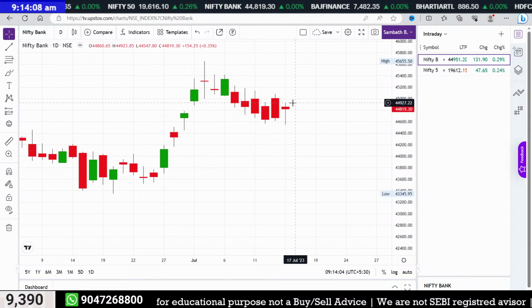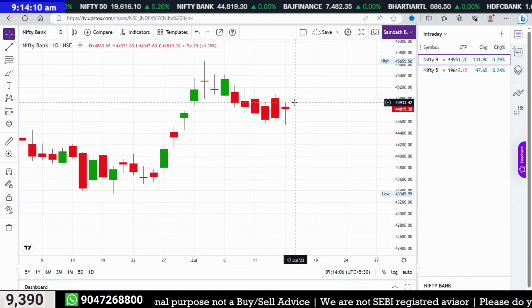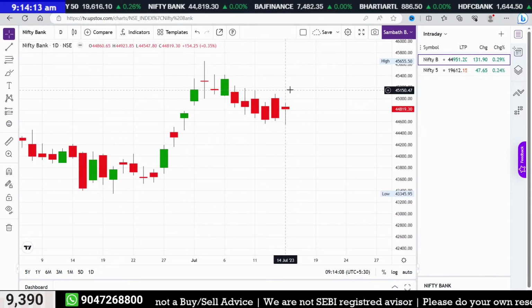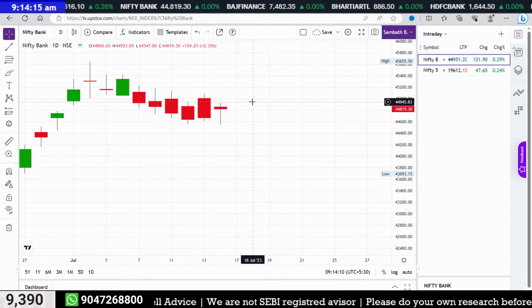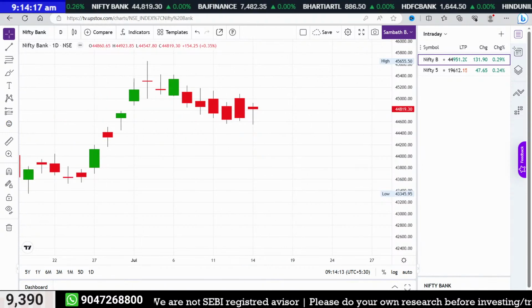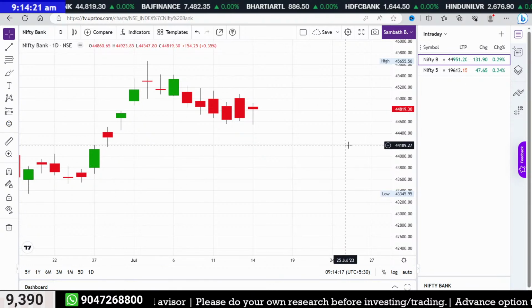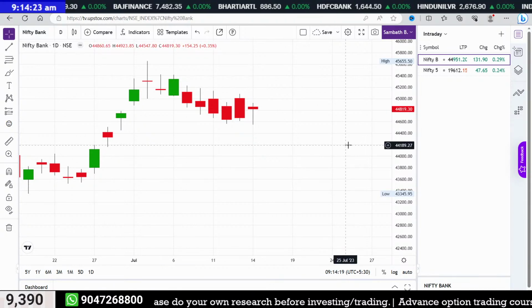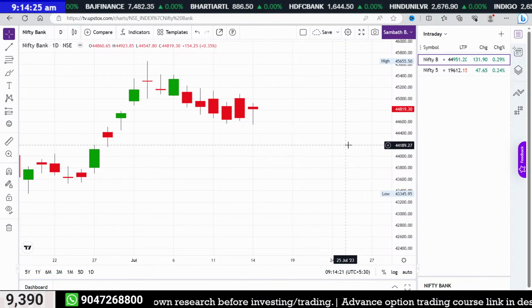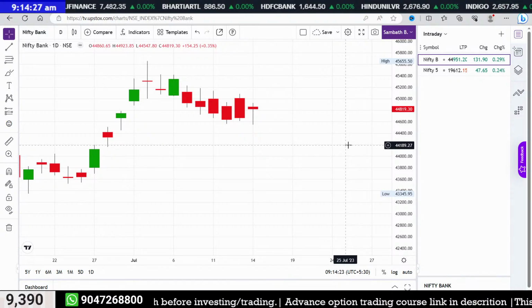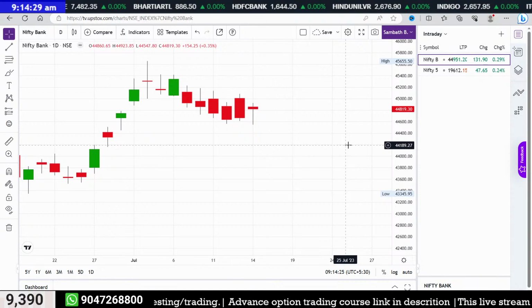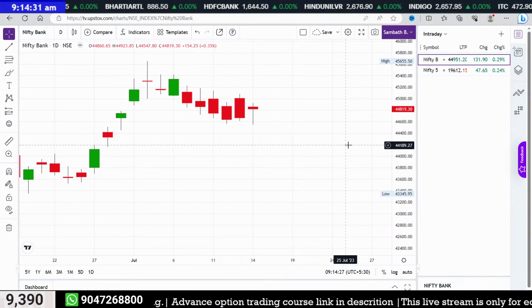There are chances of breaking above the level around 44,930, and it is already going to start higher than that level, so we just have to wait. The pre-open session looks positive. We are going to wait and see whether it continues the upside or not. That is the most important thing we are looking for today.